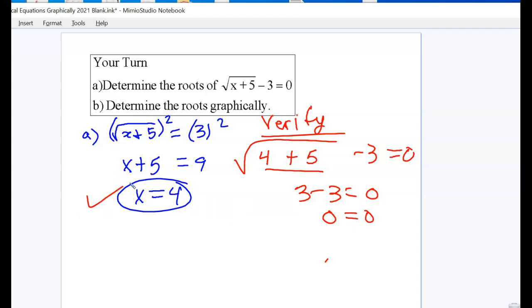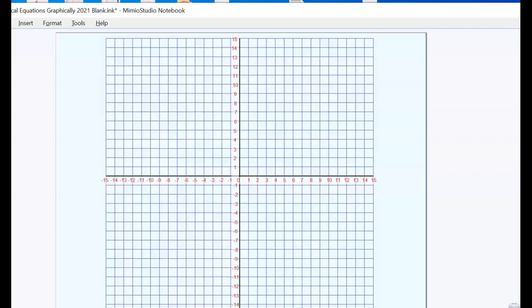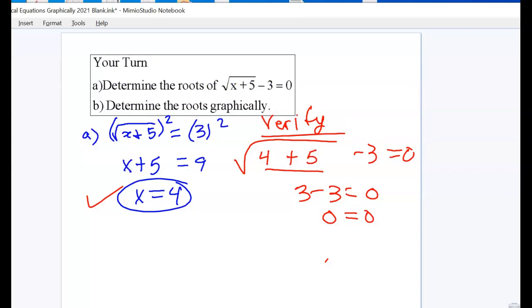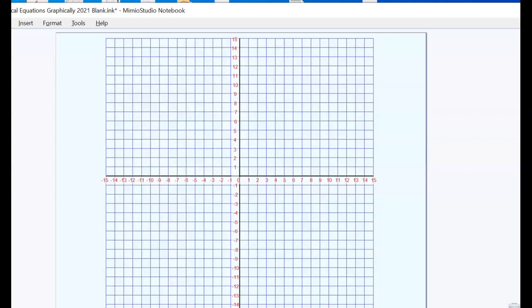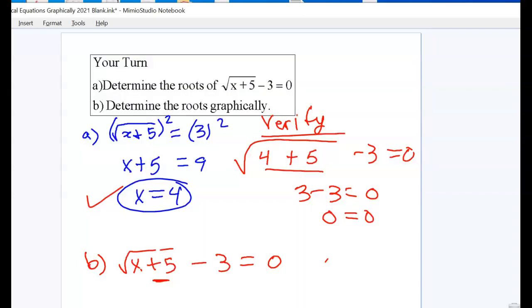Now, to do this one graphically, we have a couple of options. We could just leave it the way it is. And if we do it the way it is, I know that this is basically my root graph. We could almost do this one by inspection, because this means it's shifted 5 units to the left and down 3 units. So on my graph, I know these are my base points for the root of x. If I do it just by observation, I'm going 5 left and 3 down.